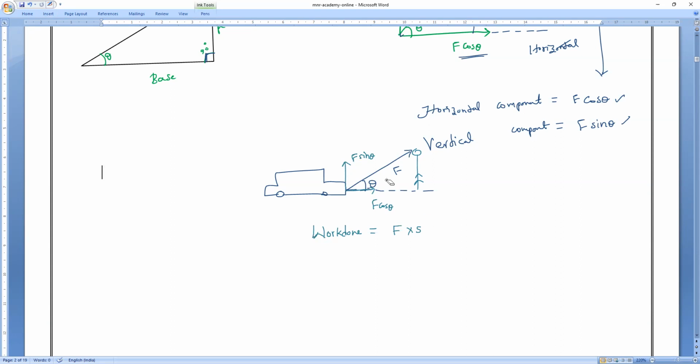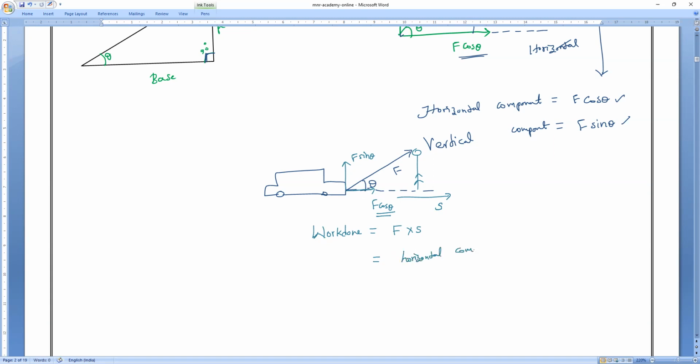We all know that. But now here, what is the force applied in the direction of displacement? This is the direction of displacement. So in this case, what is the force acting here? F cos theta, the horizontal component, that is F cos theta.